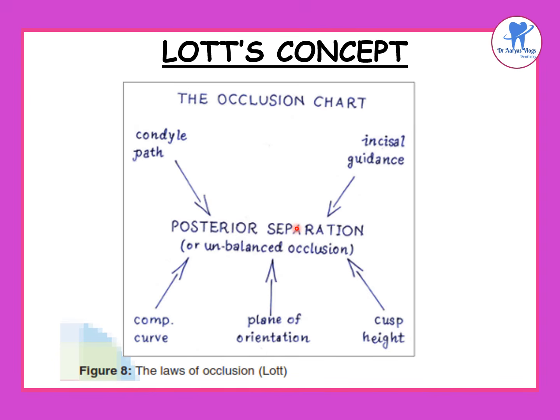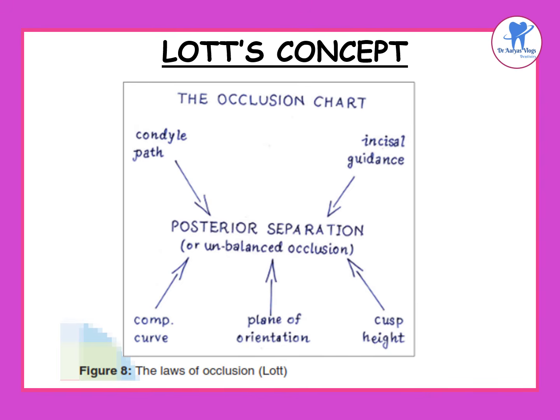And the greater the separation of the posterior teeth, the greater must be the compensating curve. So this is Lord's concept, the laws of occlusion, that is the occlusion chart, based on the posterior separation that is the resultant of these guiding factors.